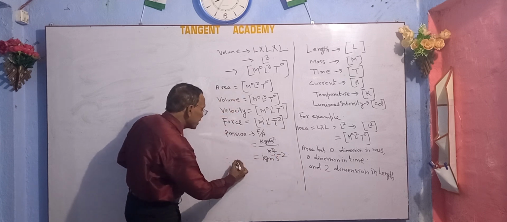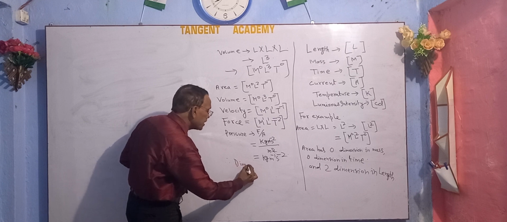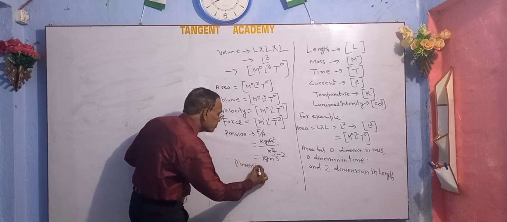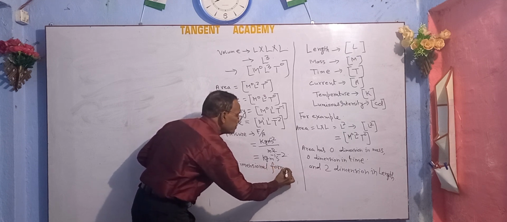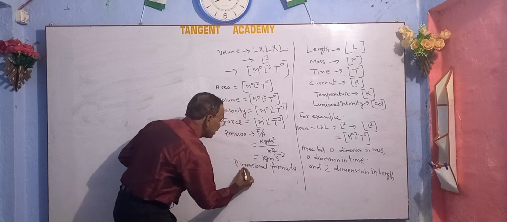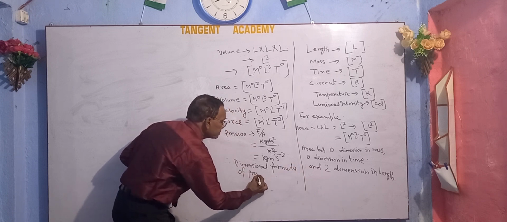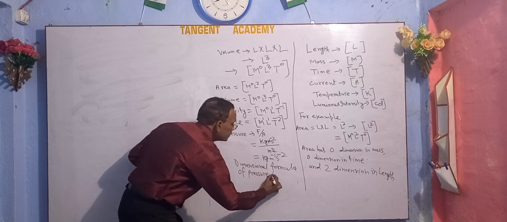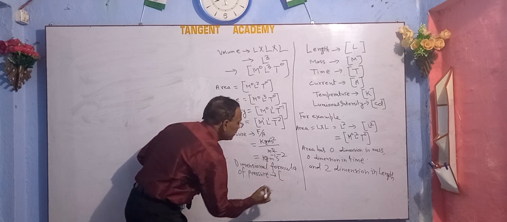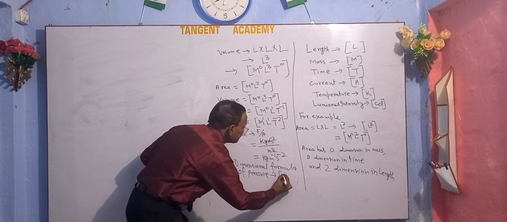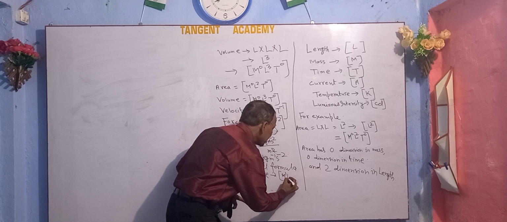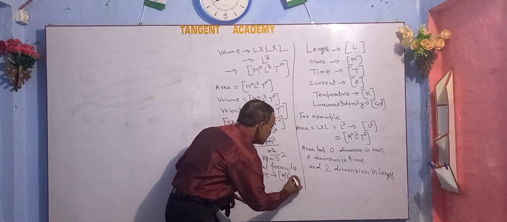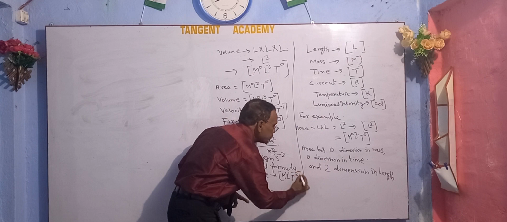Therefore, the dimensional formula of pressure can be written as 1 dimension in mass, minus 1 dimension in length, and minus 2 dimensions in time, and so on.